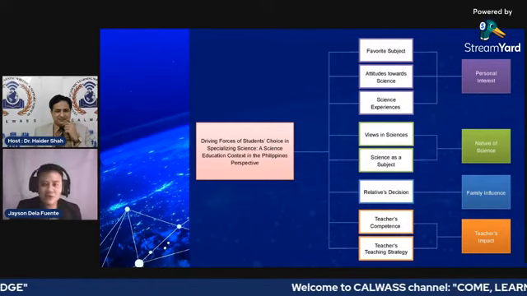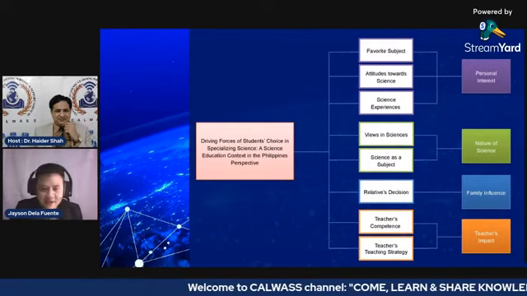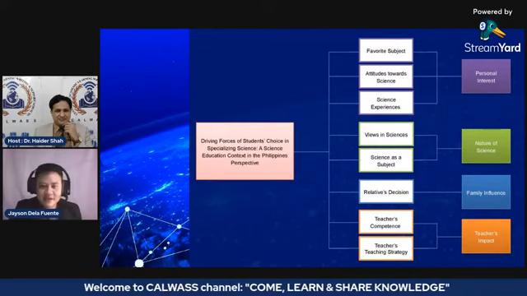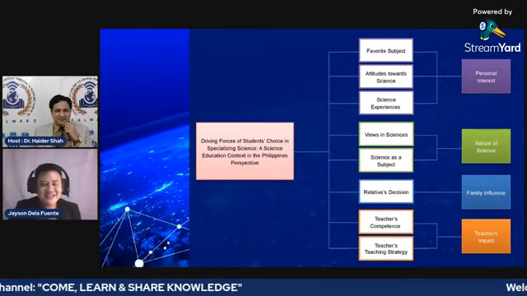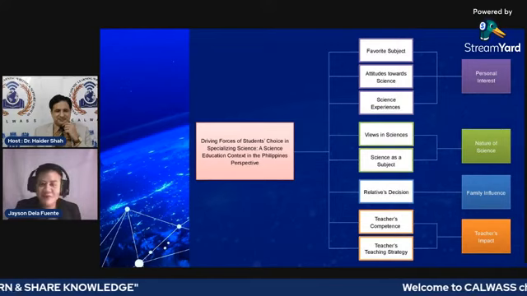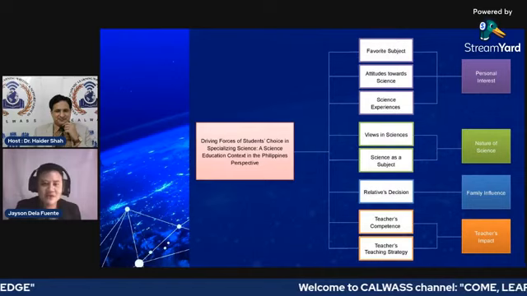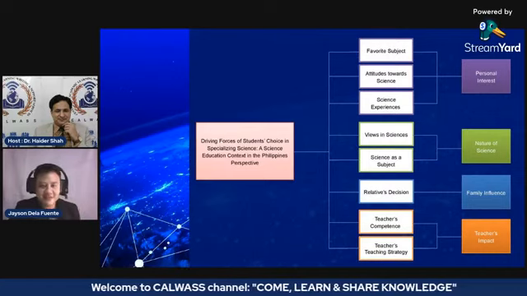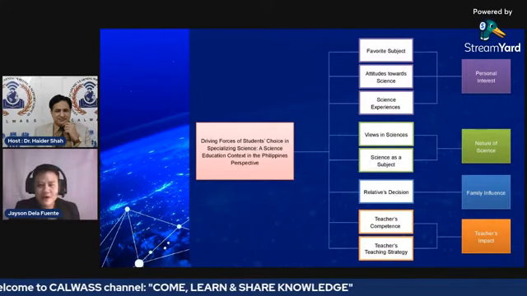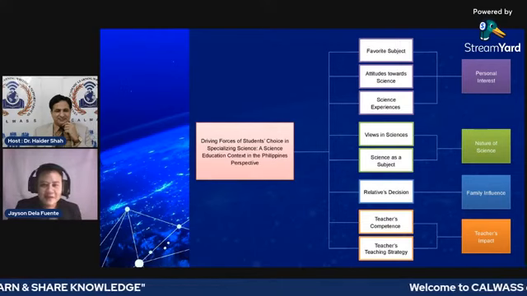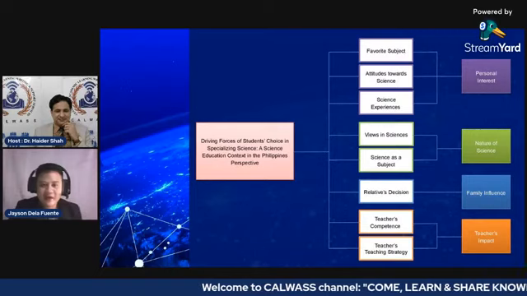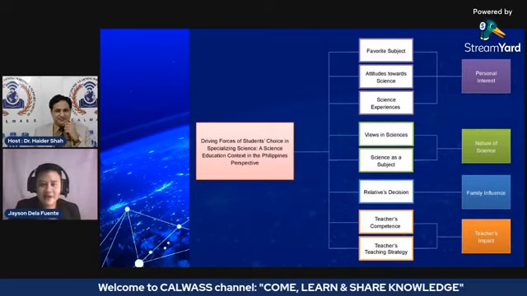The next boxes are actually the clusters of meanings from those general and relevant meanings. I clustered it and formed six sub themes. Okay, and it was clustered into four.